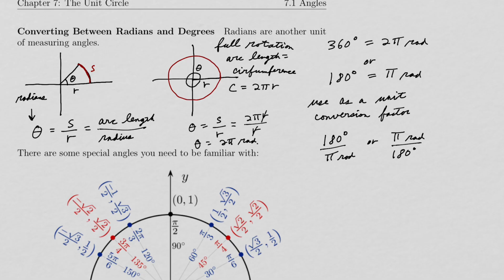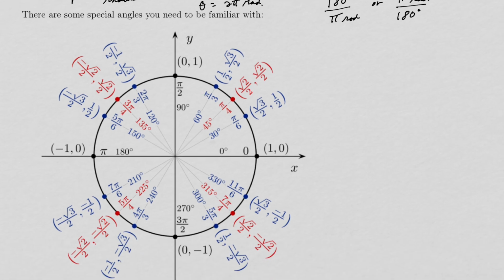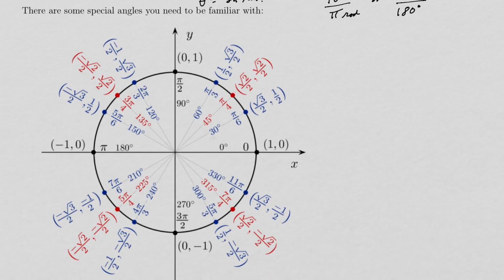Okay, there's a few that you should just be familiar with, though. Again, we'll do some examples in a second on converting, but let me just show you this diagram and a few of these that we should be familiar with. So this is a unit circle. And you're given a lot of information here.